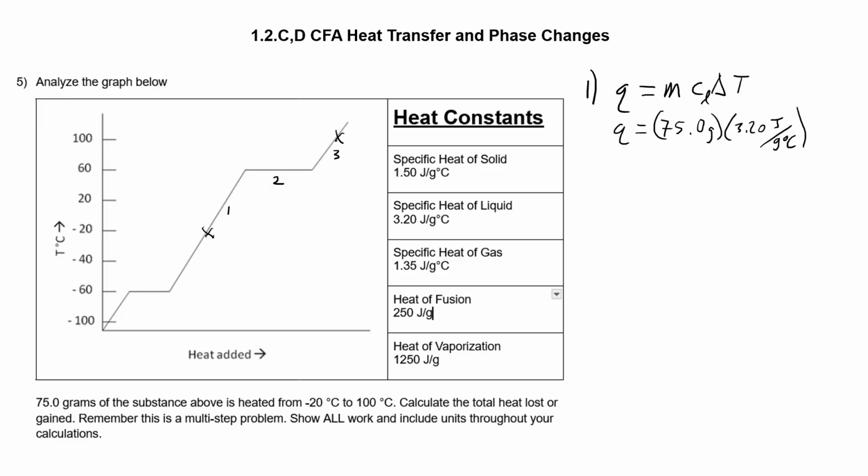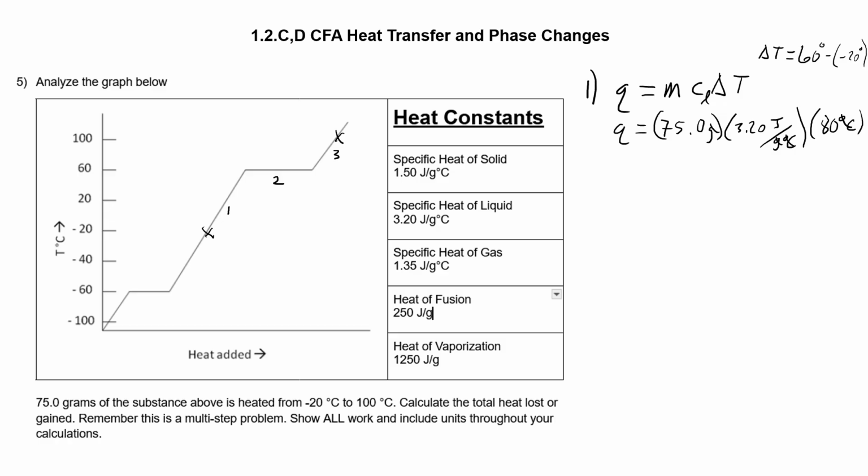Finally, delta T. Delta T is the final temperature for this segment, which is 60 degrees, minus the initial temperature, which is negative 20 degrees. So delta T equals 60 degrees minus negative 20 degrees. We do that math, and that is 80 degrees Celsius. Quick little check: our units cancel out, grams go away, degrees Celsius go away, and we're left with joules.